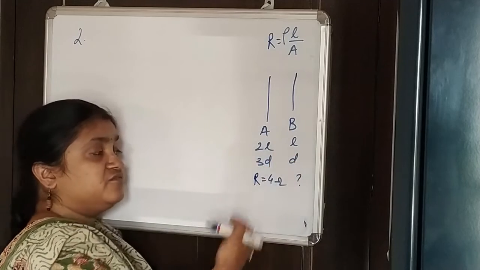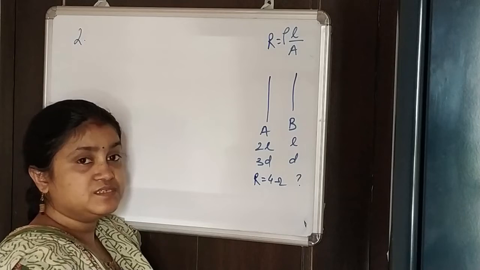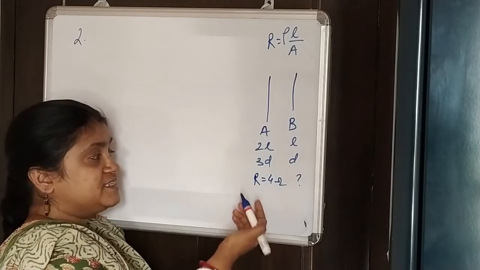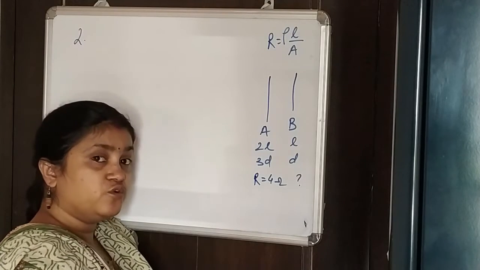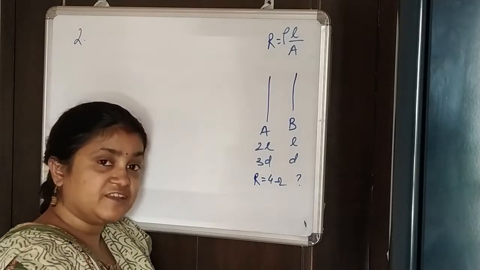For the B wire, if we take diameter as d, the diameter of A becomes 3d. The resistance R of the first wire is given as 4 ohm. So we have to find the resistance for the second wire.